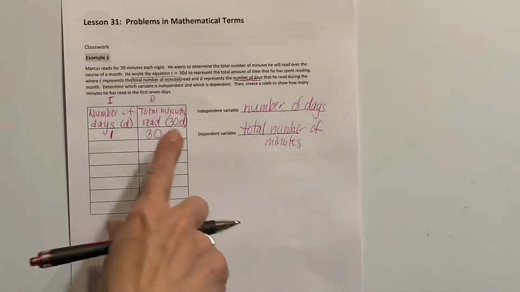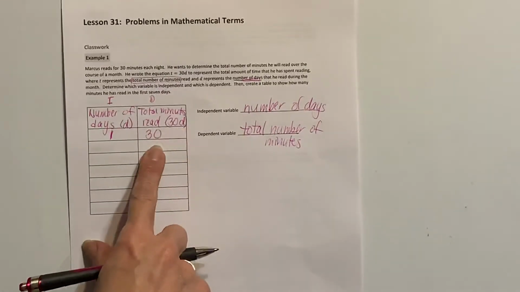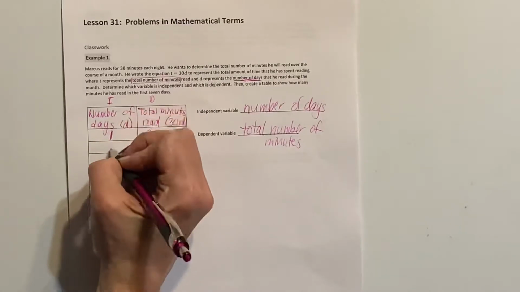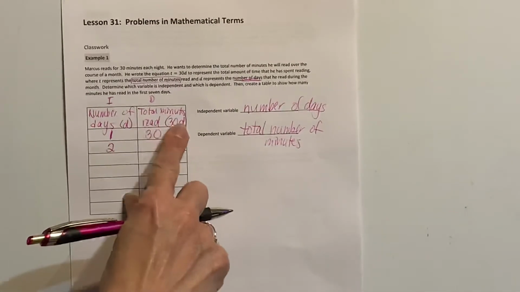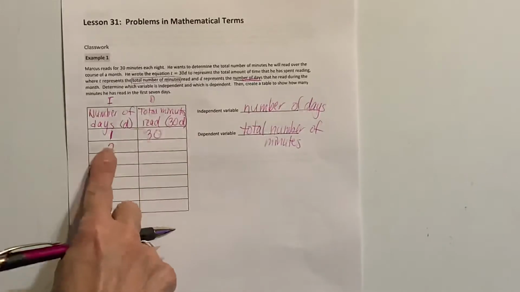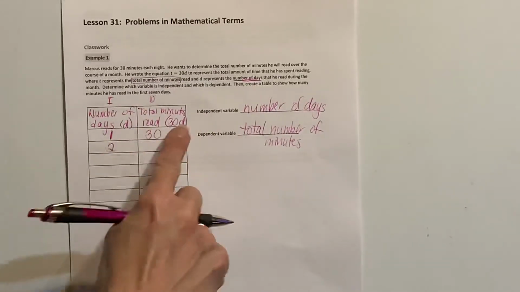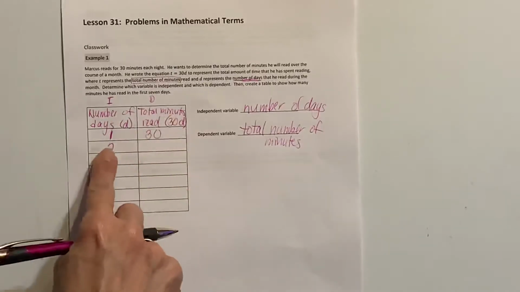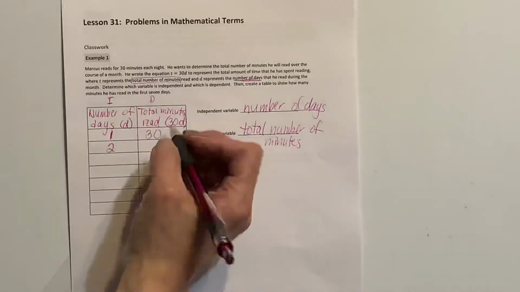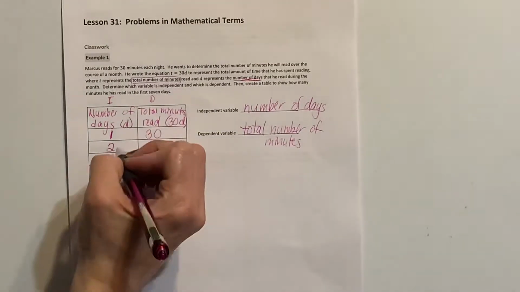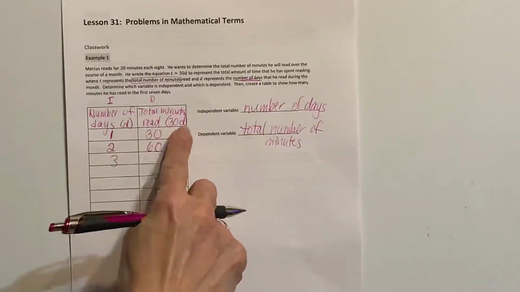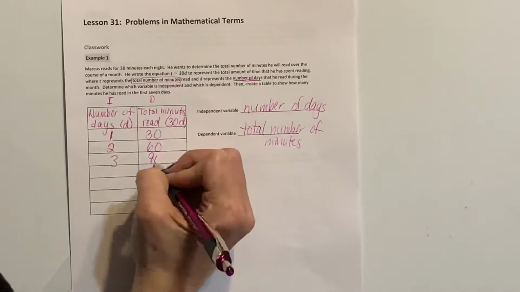Since 30 times D is going to give me the answer, if he reads 2 nights, 30 times 2, I'm replacing the D with the 2, and now I've got 60 minutes. What if he reads 3 nights? I'm replacing the D, so that gives me 90.